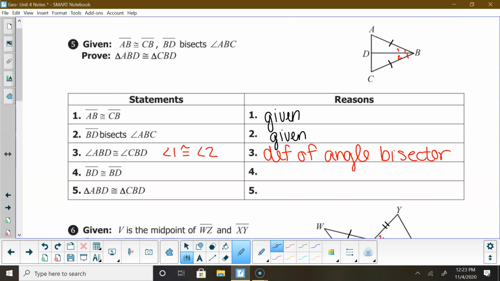What's my next line down? Yep, reflexive. And then line 5.